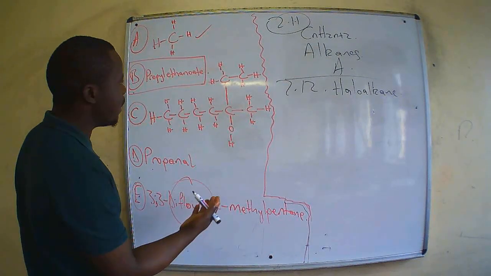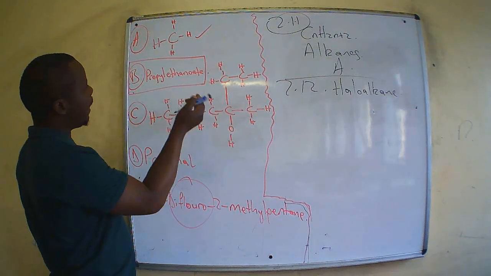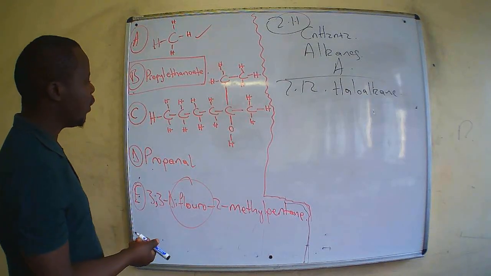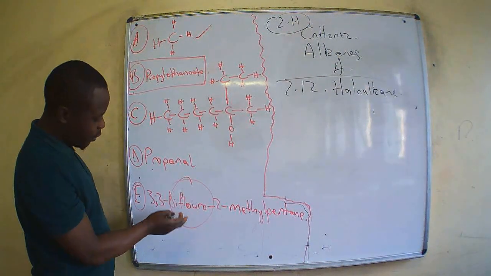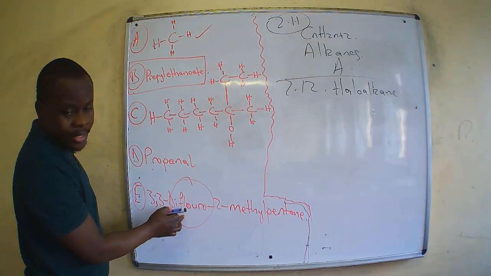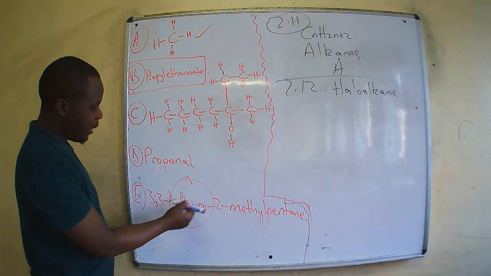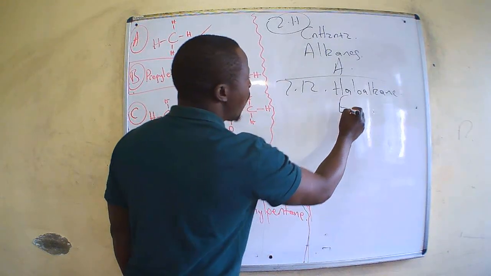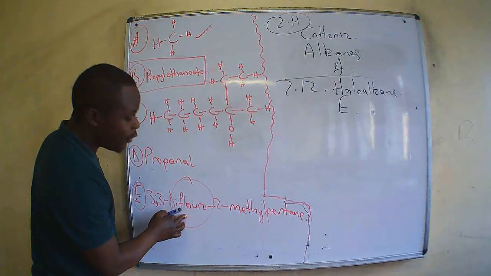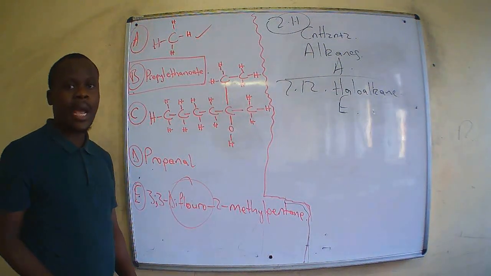We can see in this case that the second one doesn't have a halogen. We have the third one, the fourth one, the fifth one, it has a fluorine. There's a fluorine atom here, so that means our answer is E. Why? Because this one has fluorine, and fluorine is a haloalkane.